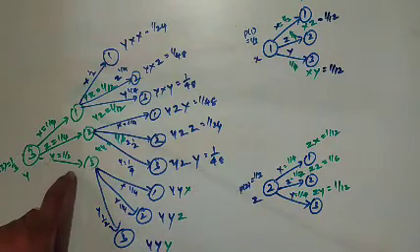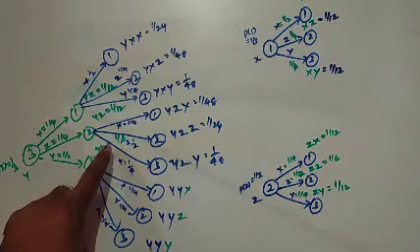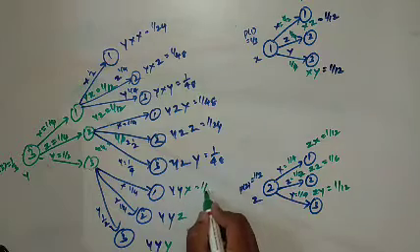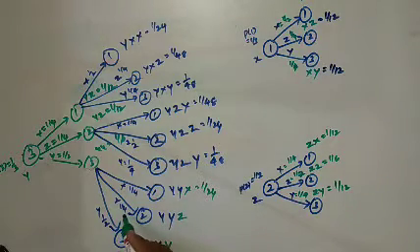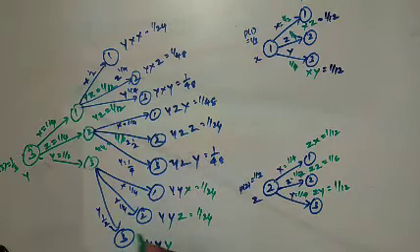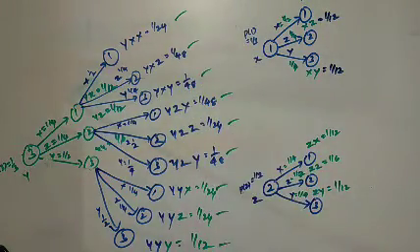See, up to this point the value of yy is 1 by 6. 1 by 6 into 1 by 4 is 1 by 24. 1 by 6 into 1 by 4 is 1 by 24. 1 by 6 into 1 by 2 is 1 by 12. See how many I have got: 1, 2, 3, 4, 5, 6, 7, 8, 9.